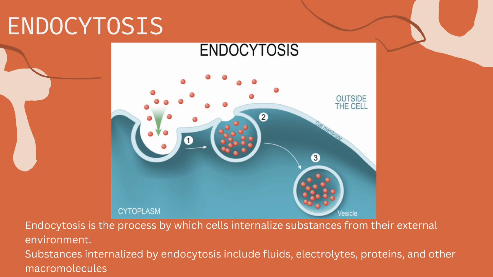This traps the fluid inside the vesicle. In some cells, long channels also form, extending from the membrane deep into the cytoplasm. And the last, the vesicle is pinched off from the membrane as the ends of the infolded membrane fuse together. The internalized vesicle is then processed by the cell.